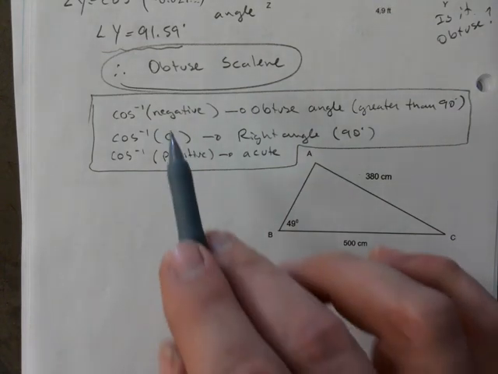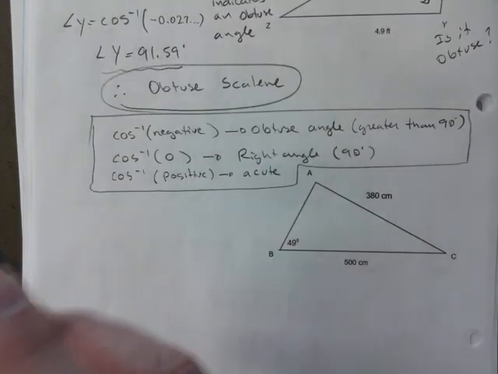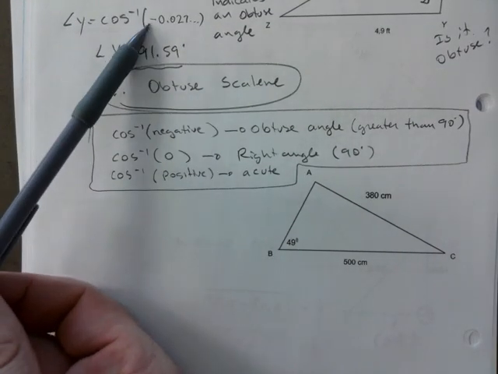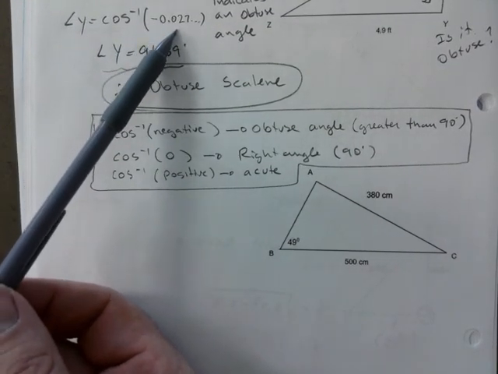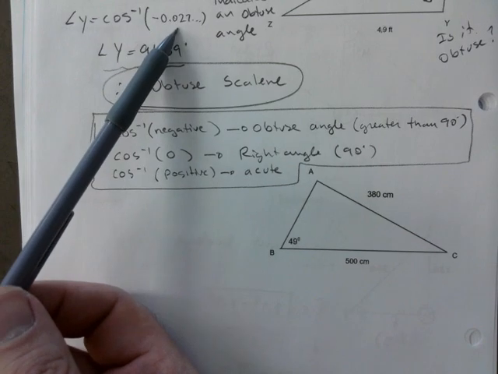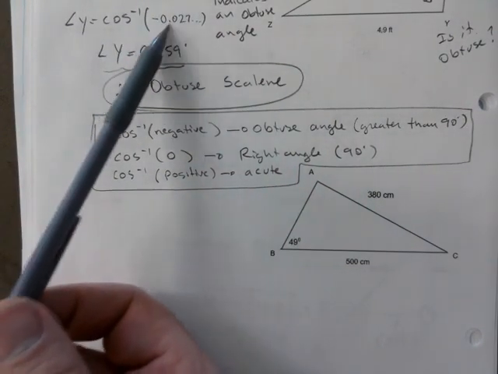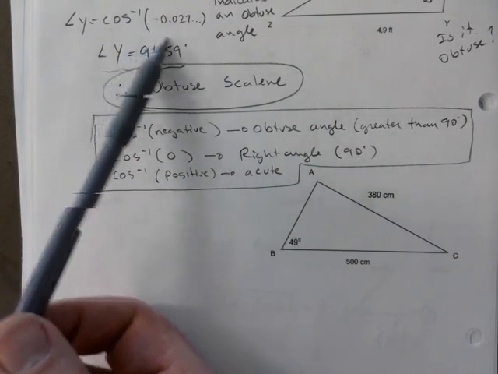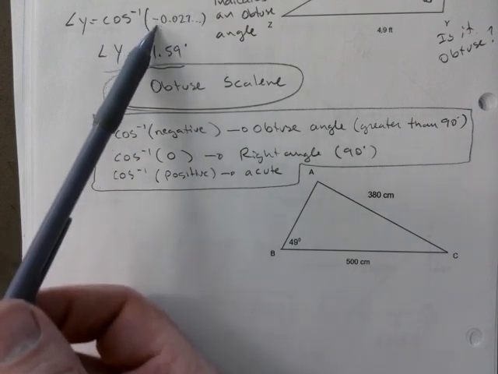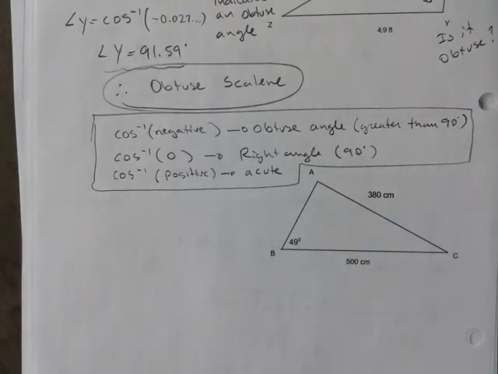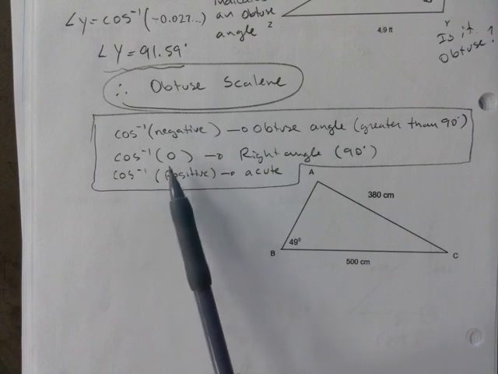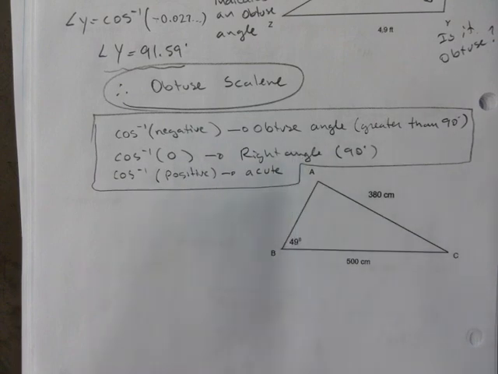So if you end up with a negative here, I'm talking about this step right here where my pencil is hovering, that's a negative, you know it's obtuse. If this is a positive, you know it's acute. If this number turns out to be exactly 0, which will happen, I promise you that I already inserted it in some examples, and you know it's a right angle.